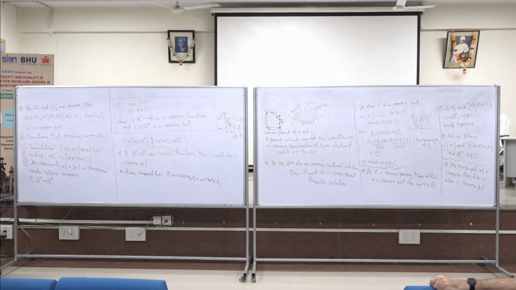So suppose we are in Rn, and by using slack and surplus variables, we are changing the dimension of the feasible region, going from Rn to Rm. So this is a type of transformation.